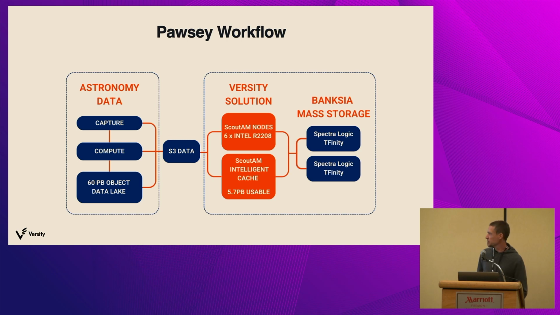The way their workflow works is that they do all their capture and compute from the telescopes onto the primary data lake. Once they're happy with whatever they're doing to the data there, they want to save a snapshot off to archive. They send that through the S3 connector across a cluster of Scout AM service nodes, where we apply the policy and make the tape archives for them.